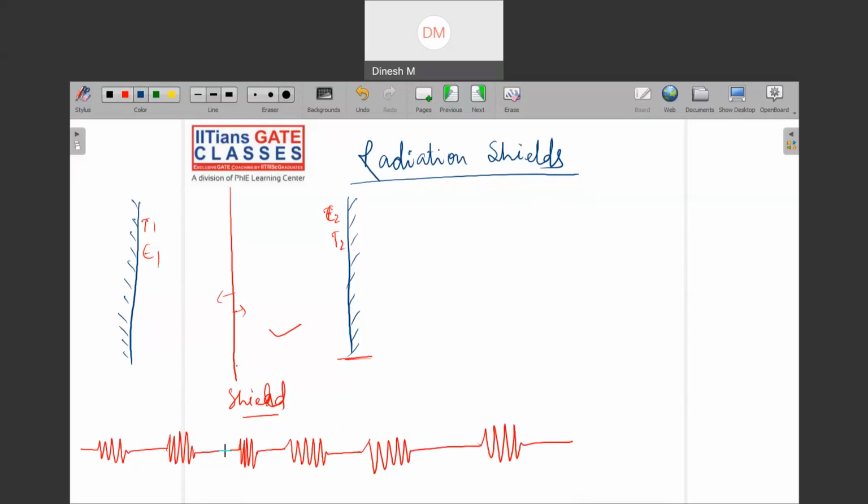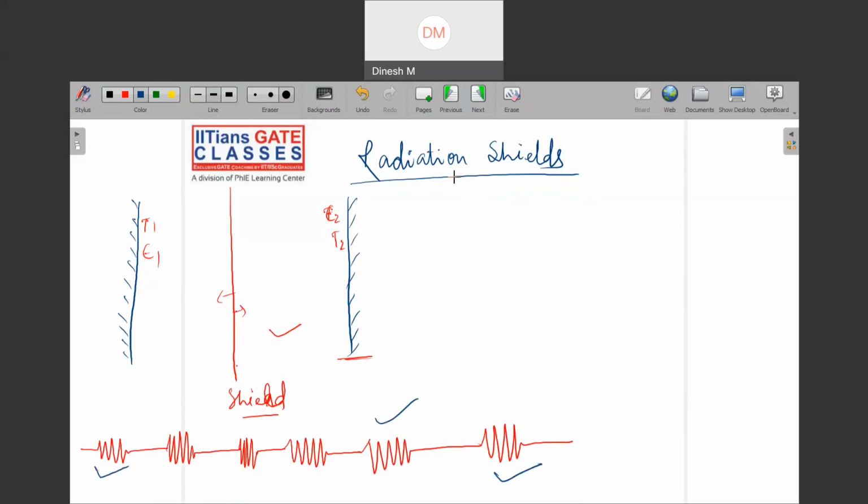Okay, so can you see one radiation shield has introduced so many changes? Earlier what did you have? Earlier you had surface resistances and one space resistance only, right? Earlier you had three resistances, let us say with one space resistance.